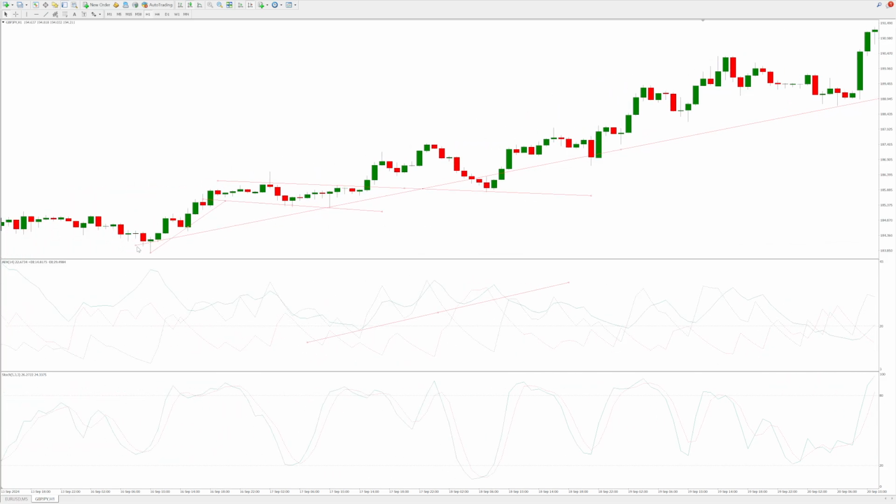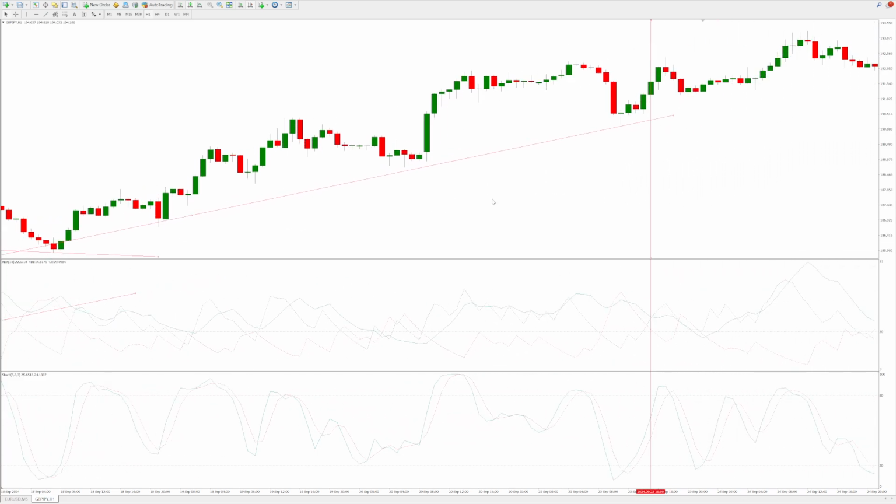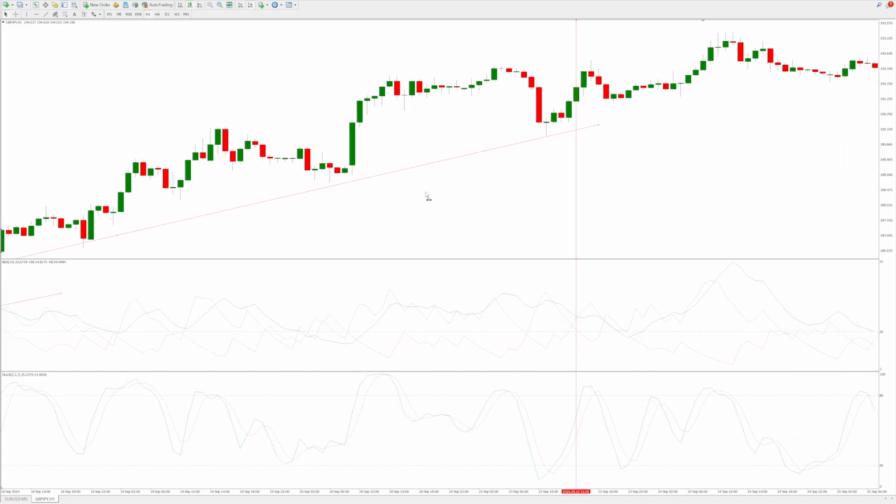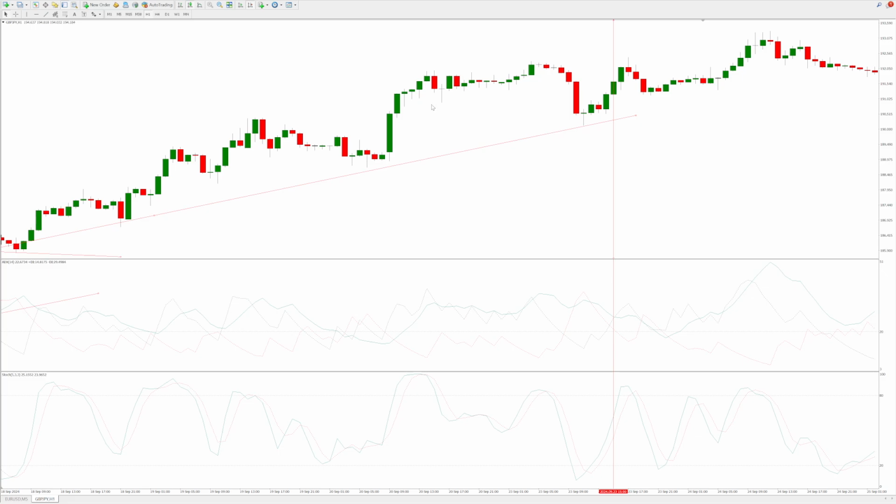Just may need a bit of adjusting as you continue up, which is fine. What you wouldn't want to do is enter when price is too far away from this line, because you're just going to be buying high here and here. It's better to wait for a pullback.